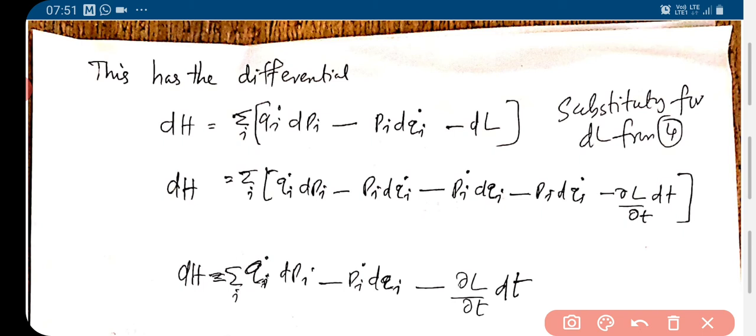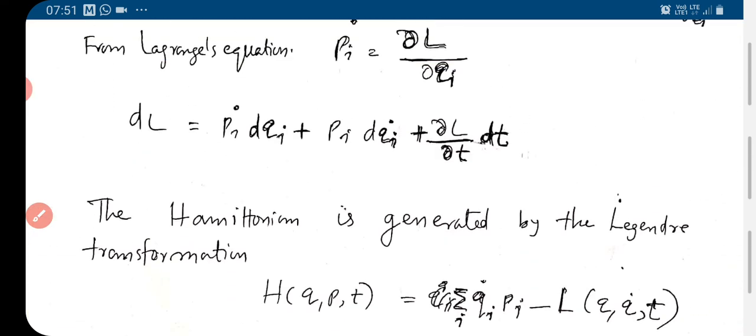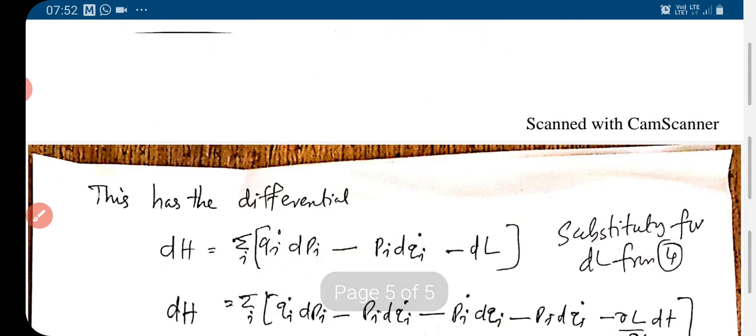Okay, this is plus. Now for dL, I am substituting from here. I am writing pi dot dqi plus pi dqi dot plus ∂L/∂t dt. So that we substitute here.